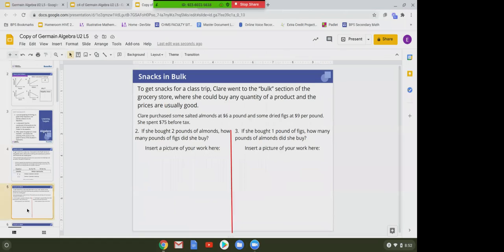Good. So now I want you to take a look at slide number 5 in your textbook. It's number 1 and 2. If she bought 2 pounds of almonds, how many pounds of figs would she buy? And if she bought 1 pound of figs, how many pounds of almonds would she buy?